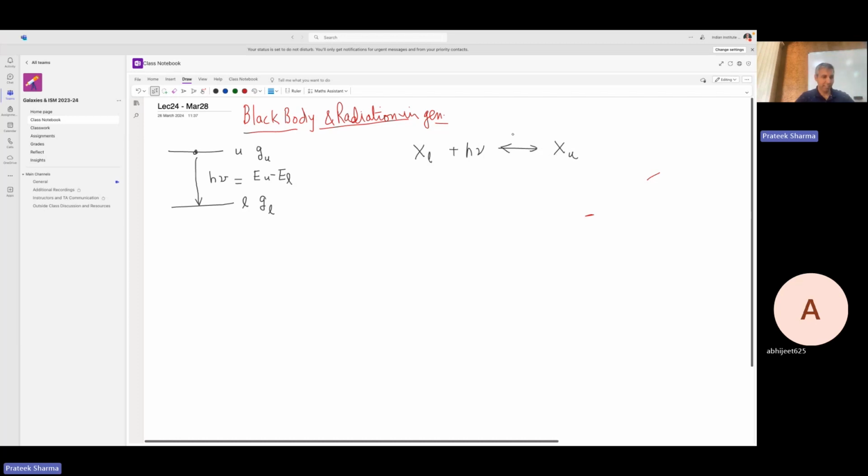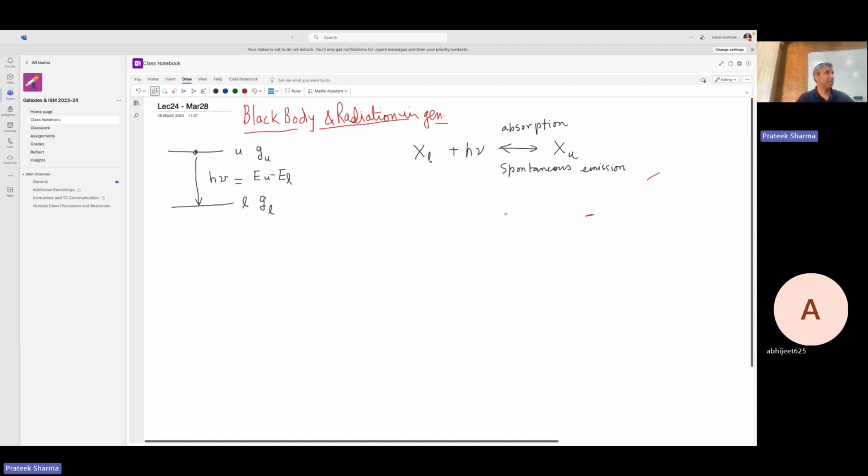That's the forward reaction, absorption. The forward reaction is absorption of a photon, right? The reverse reaction here is spontaneous emission. Okay. So these are the elementary processes which should equilibrate and give rise to a black body Planck function.